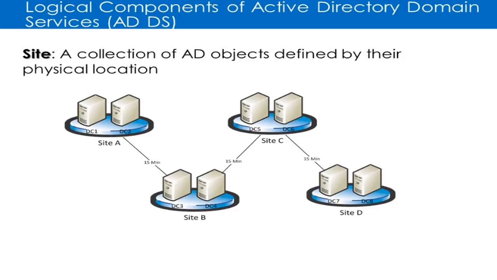In other words, we can create these sites logically, but what they represent is all of these objects defined by their physical location, and that's why sometimes we call the site some of the physical components of Active Directory, because it represents something physical. But the reality is that a site is a logical item within Active Directory.